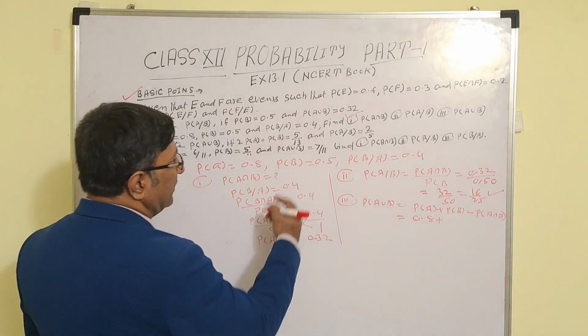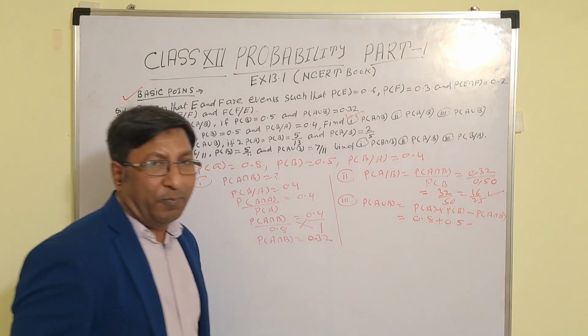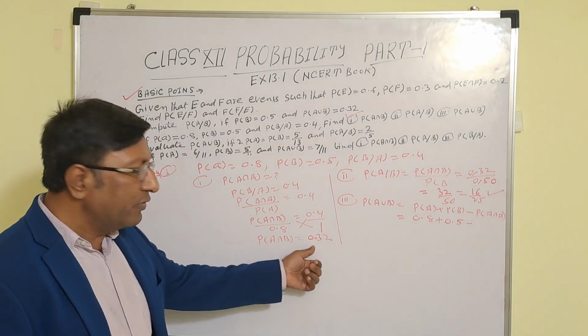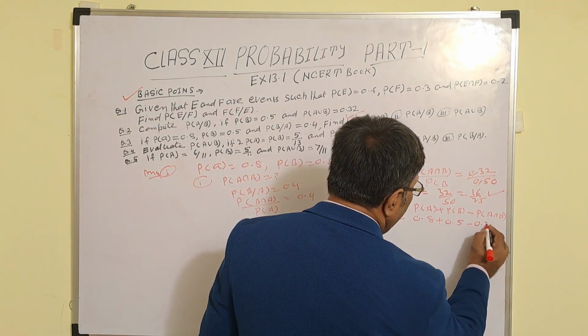Probability of B we have 0.5, so put 0.5. Now probability of A intersection B we have already found, 0.32. So this is 0.32, right?